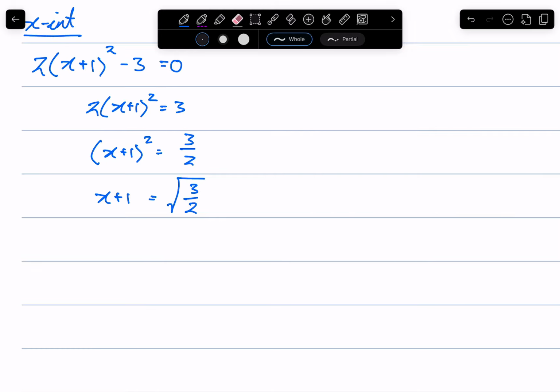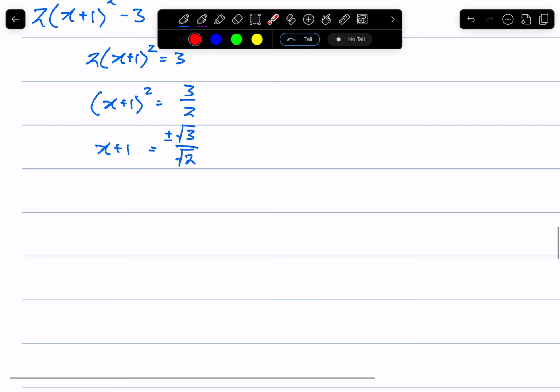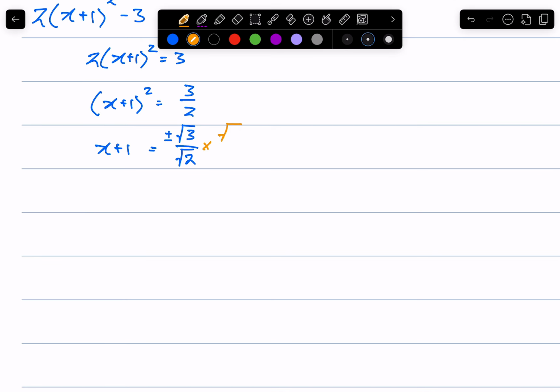I'm going to instead write this as root 3 over root 2 and give the plus minus to the numerator. Now I'm going to rationalize the denominator on this one. Some calculators will do this automatically, but just showing some extra algebra skills here.